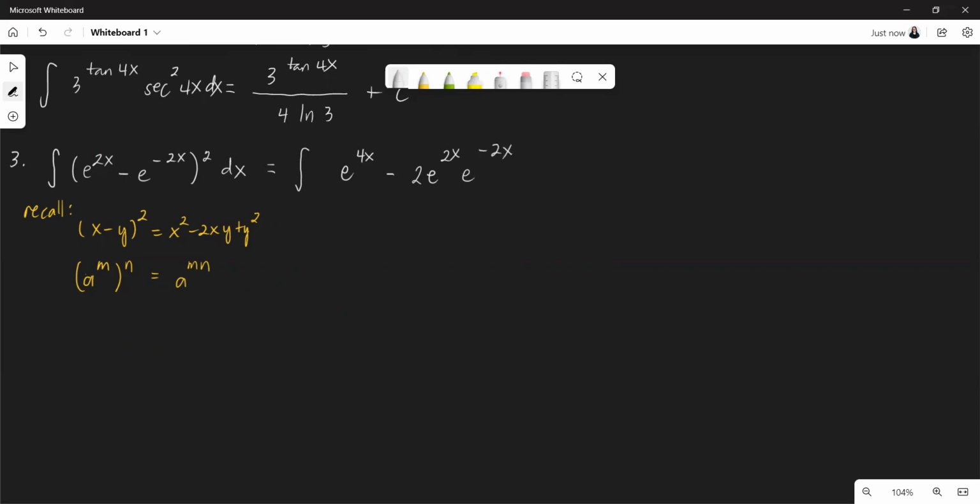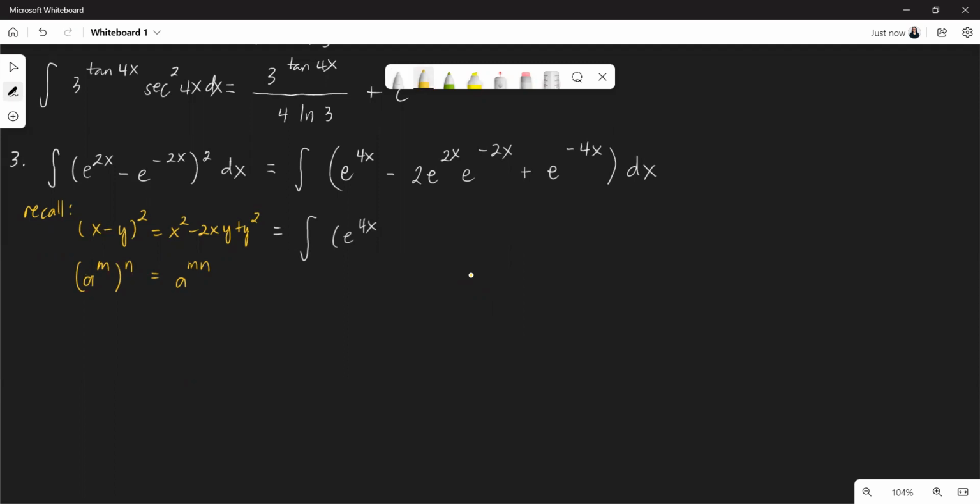And then for the last term of the square of the given binomial, it's e raised to the power of negative 2x, and then you square it. So that's e raised to the power of negative 2x times 2. That's 4x, so it's negative 4x, dx. So again, for the second term, we can combine them since they have the same base.